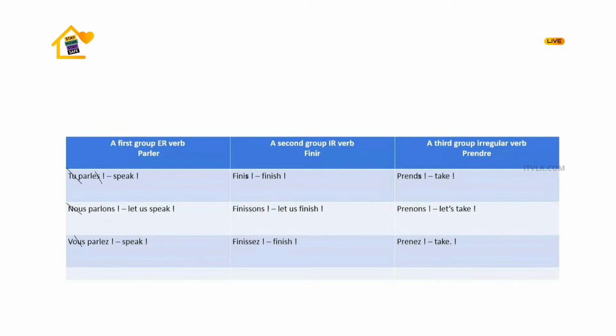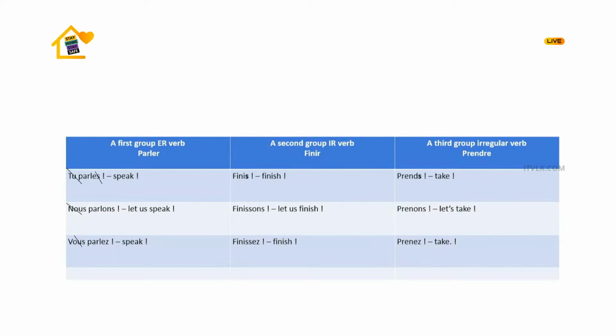So, as you can see here in the first section, that is when I conjugate the verb parler to imperative, because as I said earlier, you can't actually use a subject pronoun in the order form. So they disappear. Then I take the conjugated verb as parle, parlons, parlez.